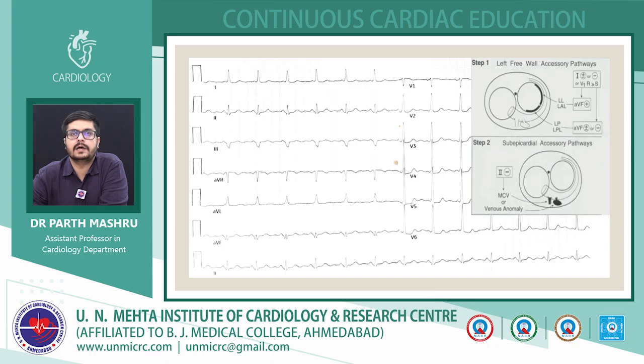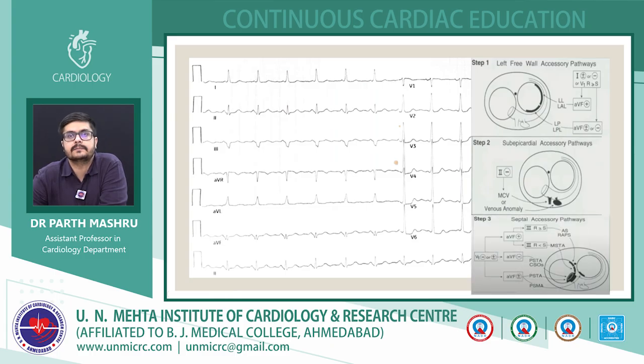So applying Arruda in here, we test the accuracy of Arruda again. Is it a left free wall pathway? Is lead 1 biphasic or negative? No, lead 1 is positive. Moving on to the second step, is lead 2 negative? No, lead 2 is also not negative, so a subepicardial pathway is also less likely. Moving on to the third step, is lead V1 negative or biphasic?